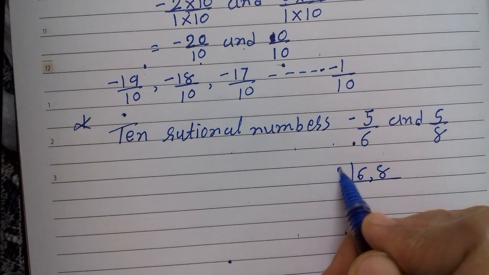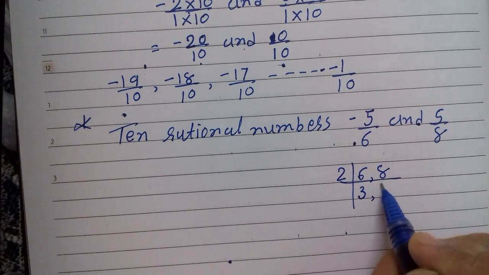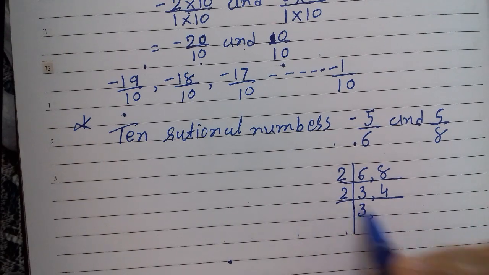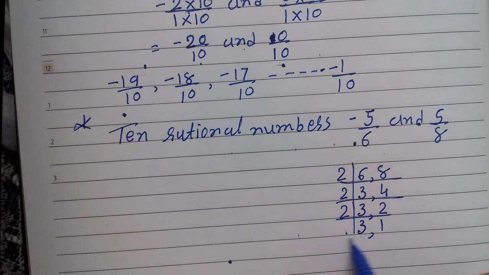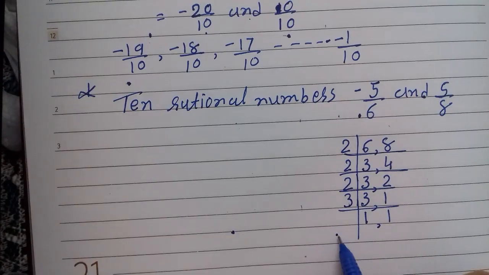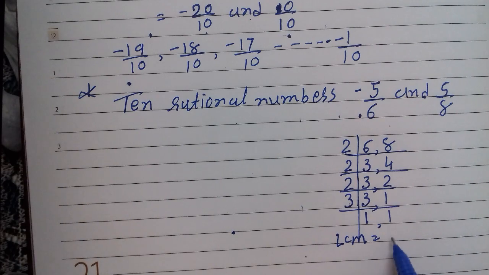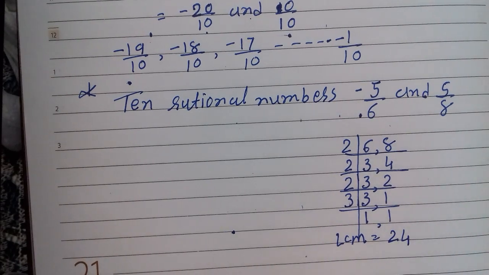6, 8. 2 threes are 6, 2 fours are 8. 2, 3 as it is, 2 twos are 4, 2, 3, 2 ones are 2, 3 ones are 3, 1. So LCM is equal to 2 twos are 4, 2 fours are 8, 3 eights are 24.